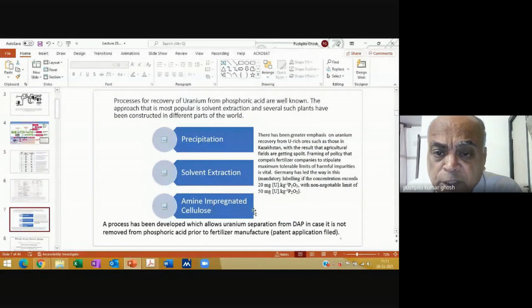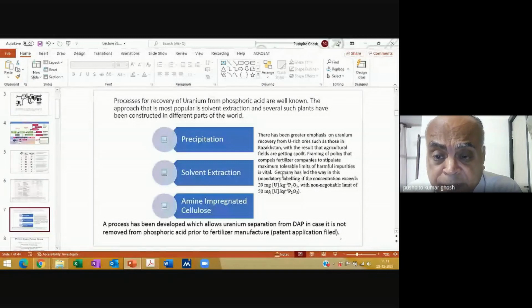It's so irresponsible. But just to tell you that it is not as if people were not aware of this. That uranium is present in fertilizers is something that has been known. We are not the discoverers of that. That has been studied by many people.